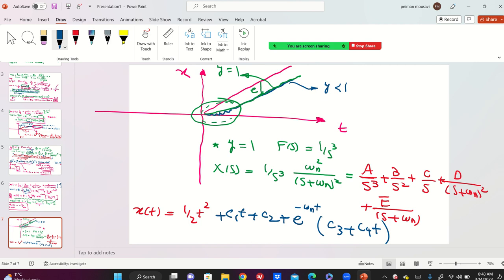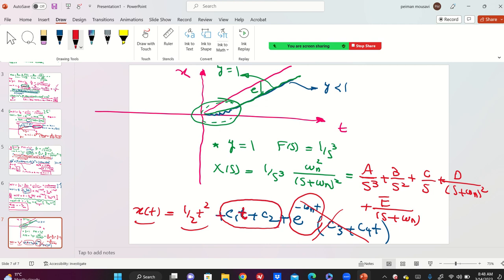I assign you to do this as homework; it would just kill your time if I do it here. So you see that when time goes to infinity, this goes to 0 because of this decaying term. Input minus output, as for the underdamped system, goes to infinity because time is increasing.